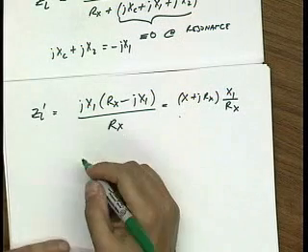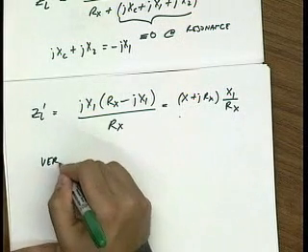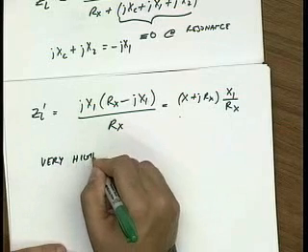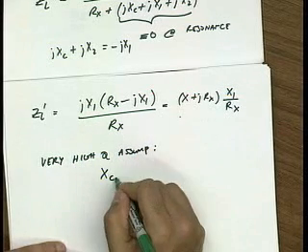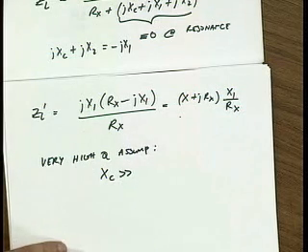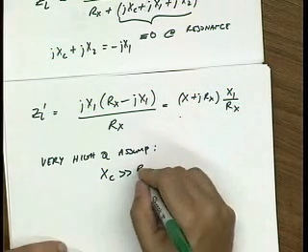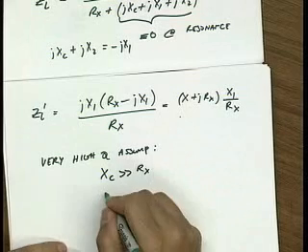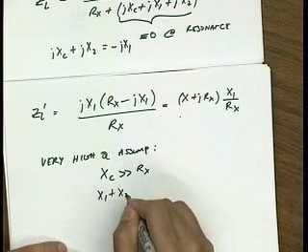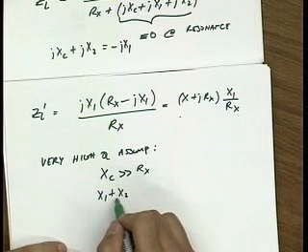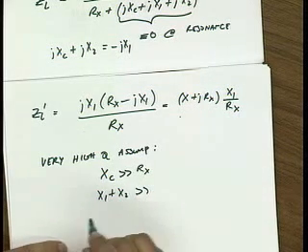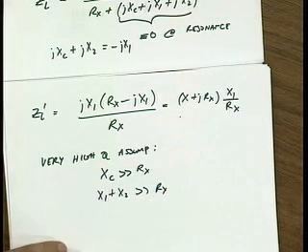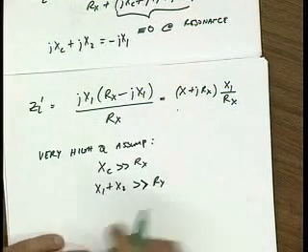Now we're going to make a high Q assumption, in fact a very high Q assumption. Because this is a very high Q circuit, this reactance is much bigger than R_x, which means that since this element is in resonance with a series combination of these elements, the series combination of these elements is also much bigger than R_x.